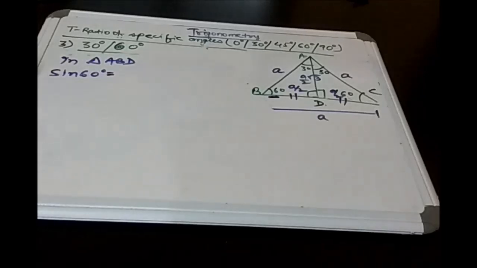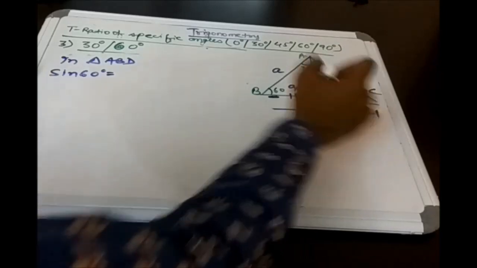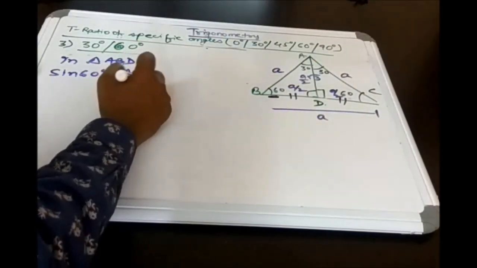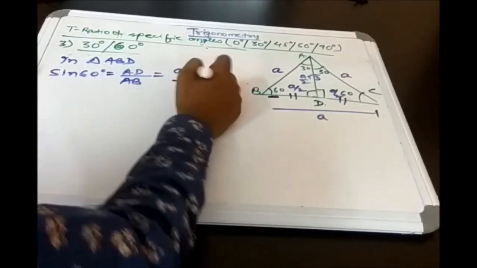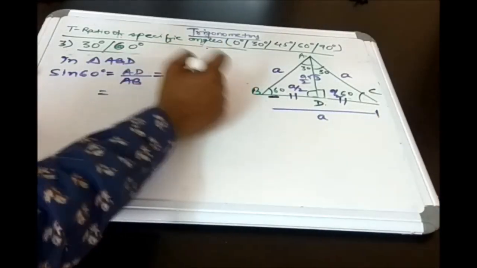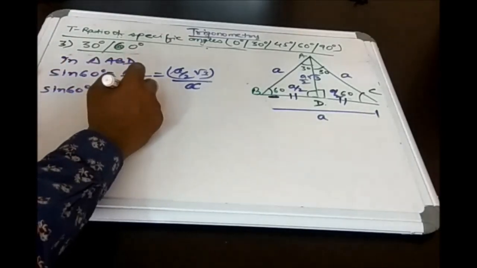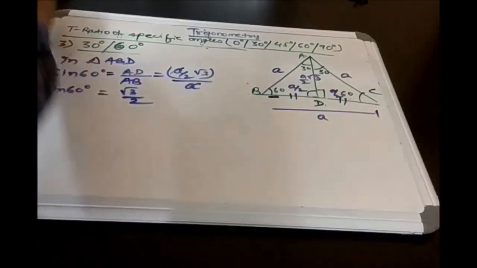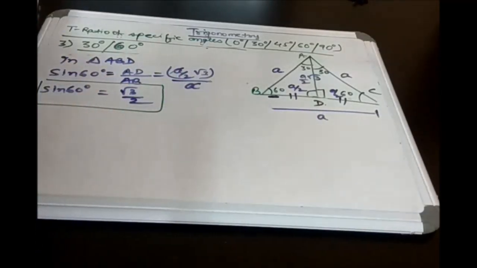So what is the side opposite to 60 degree angle in triangle ABD? It is AD. So AD by hypotenuse, that is AB. AD is A by 2 root 3, hypotenuse AB is A. So here we can cancel A out, therefore sine 60 degree comes out to be root 3 by 2. That is our value for sine 60 degree.